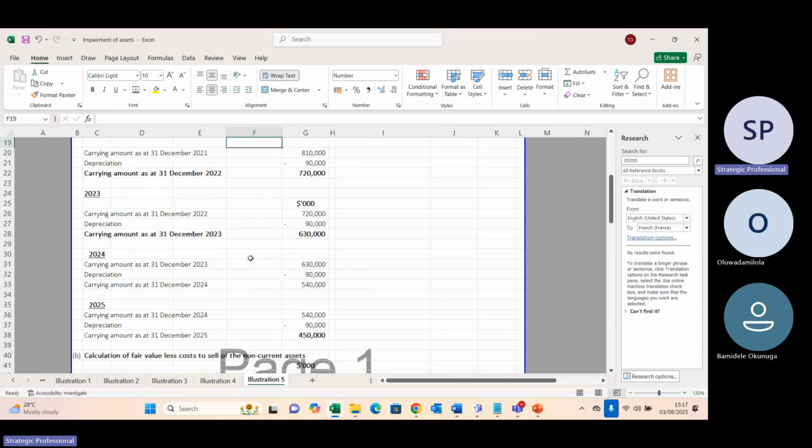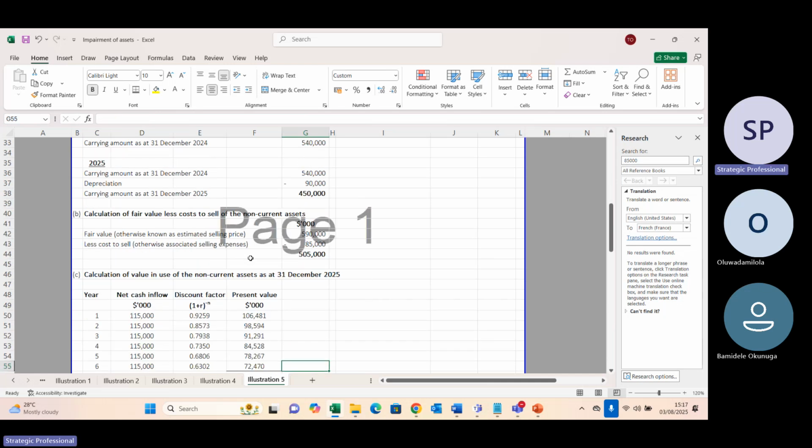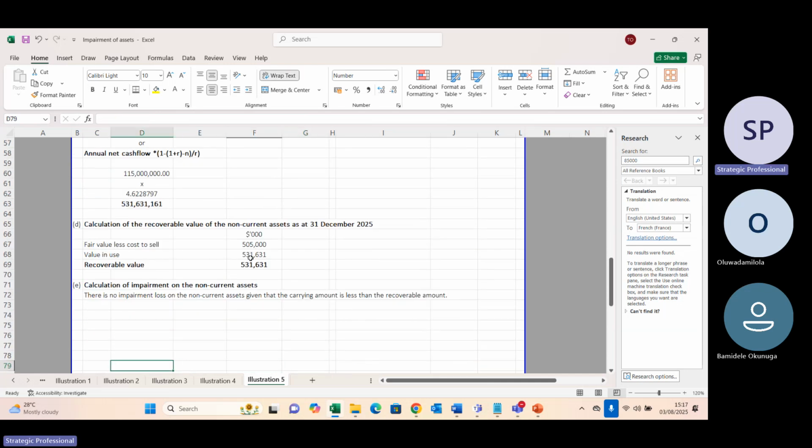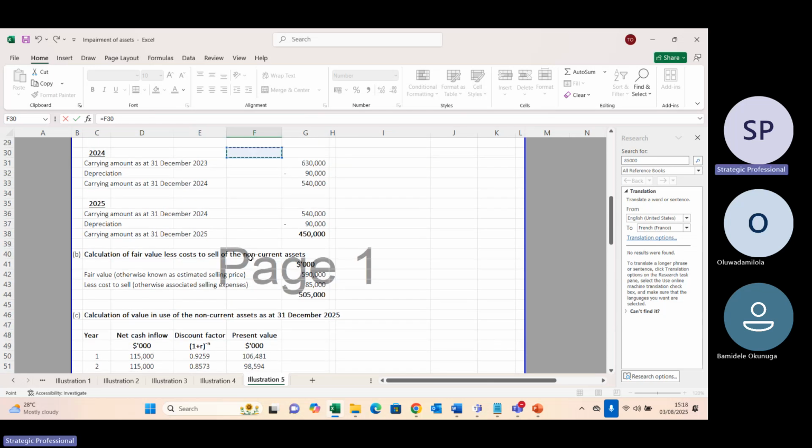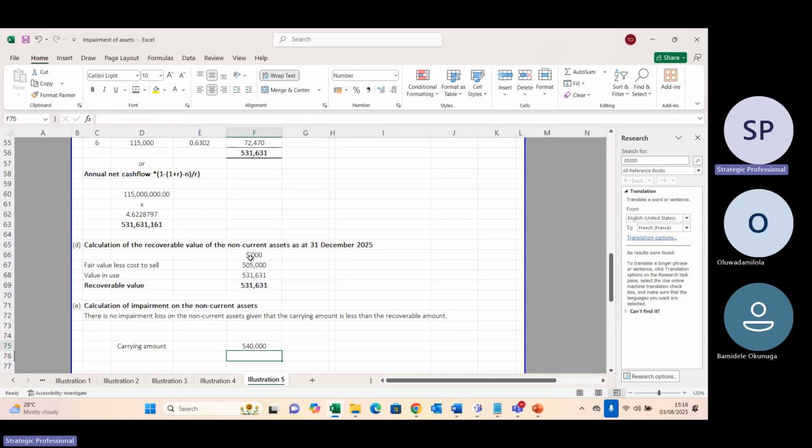Whatever is the value of the carrying amount will still be maintained in the books, which is this 450 million. But now let's assume that our carrying amount was, let's use maybe the 2024 value. If the carrying amount was 540, I just want you guys to understand something. 540, and the recoverable amount, which we already have, is 531.